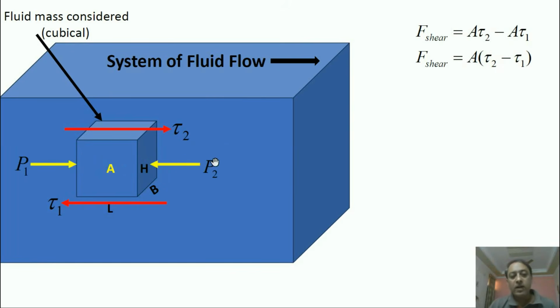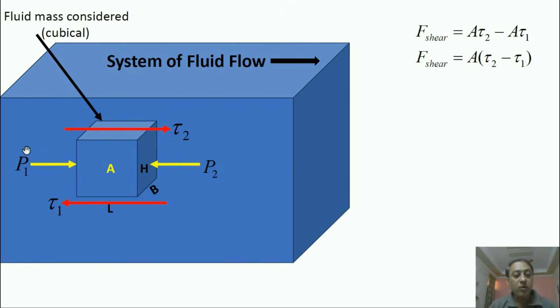Now, suppose that to this face of the cube, from right to left, the pressure applied is P2, and to the opposite face, the pressure applied is P1, and both are in line with the x direction. Definitely, if this cube needs to move in the positive direction of x, then P1 has to be greater than P2.